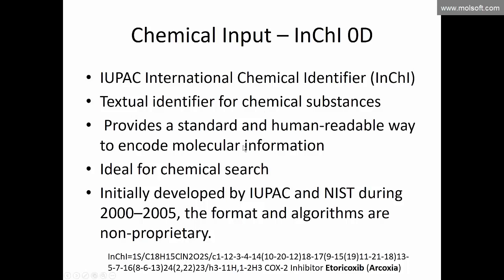It provides a standard and human-readable way to encode molecular information, and it's ideal for chemical search. So you can, in a similar way to the SMILES, just select the text. This is the InChI key for the COX-2 inhibitor Bextra, and then you can just paste it in the same way as we did with the SMILES string.